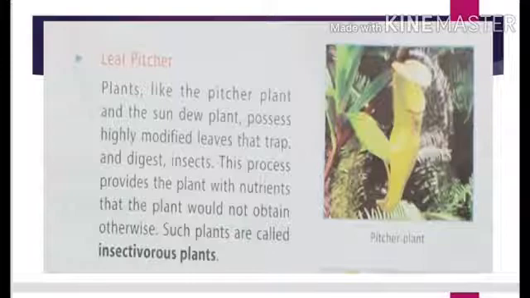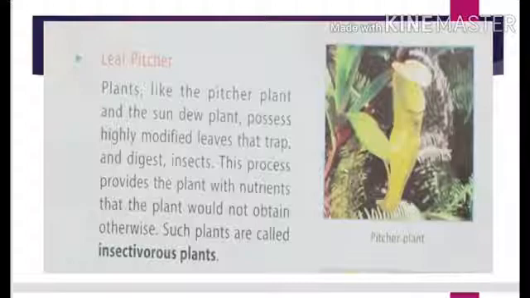Due to this rainfall, the important mineral present in the soil, that is nitrogen, is washed away, which is required by the plants to make their food and their proteins for growth. So there is a deficiency of nitrogen.